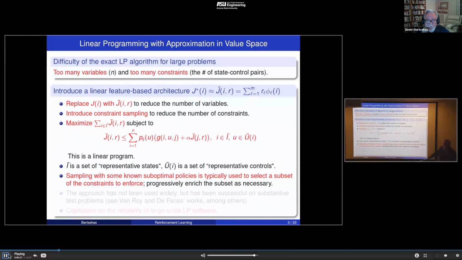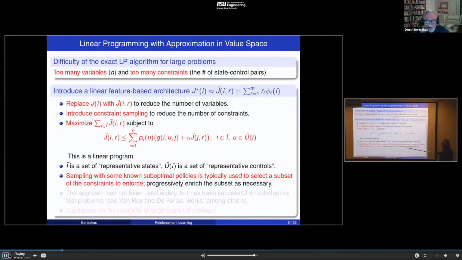You may know some good policies that look good, and you introduce representative states and controls. You're not afraid of adding more as long as you don't go overboard and add too many. And you may solve the problem and look at the results. And if that doesn't work, then you may enrich the subset as necessary. All of this, of course, involves heuristics and choices, but this is the main difficulty here.